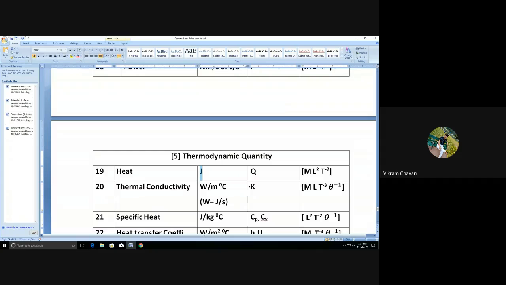Thermal conductivity symbol is capital K. After deriving, we get the dimensions as M L T raised to minus 3 theta raised to minus 1. Theta represents the temperature.